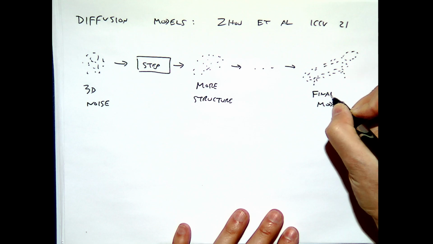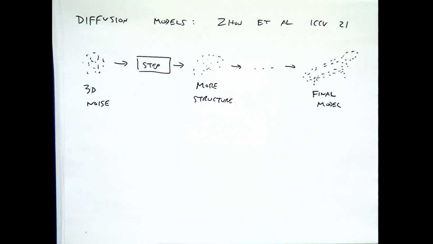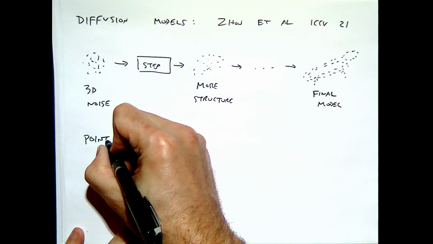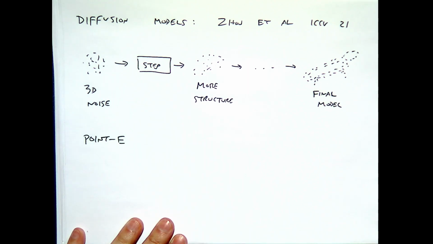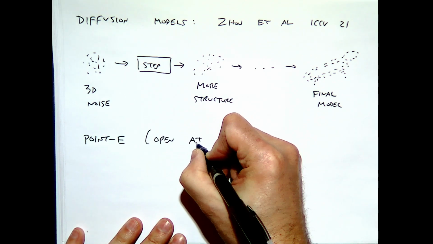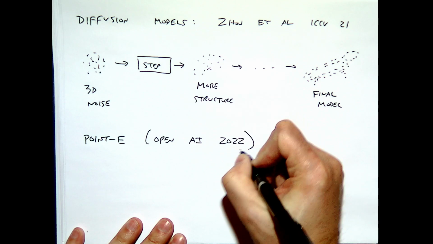Unfortunately, I don't have a video of the point clouds diffusing into the object, but you can imagine how it would look. And so most recently, OpenAI released an algorithm called PointE, kind of as a continuation of their naming scheme of DALL-E. This is PointE. So this was OpenAI, 2022.